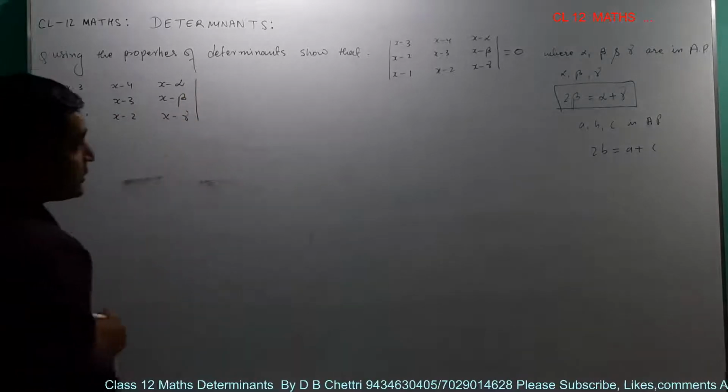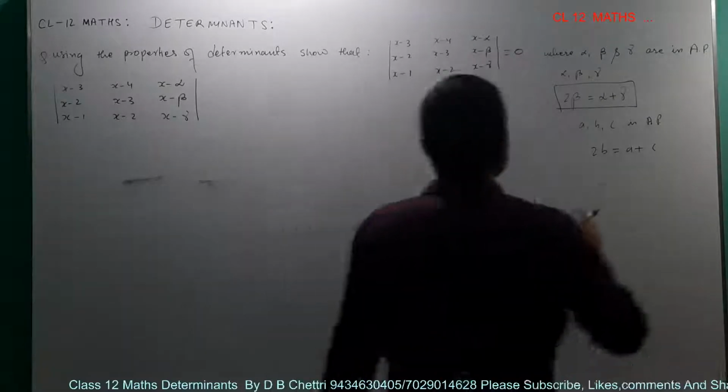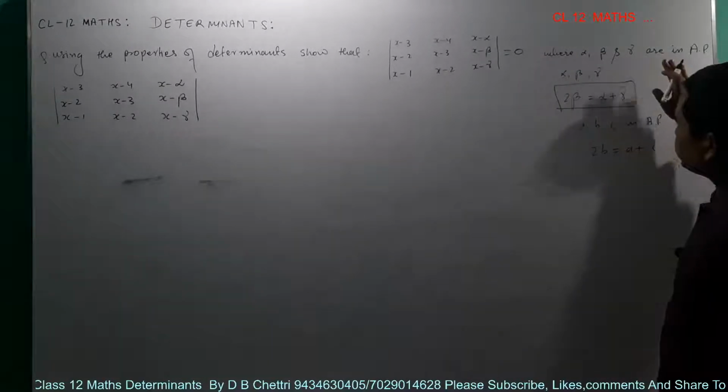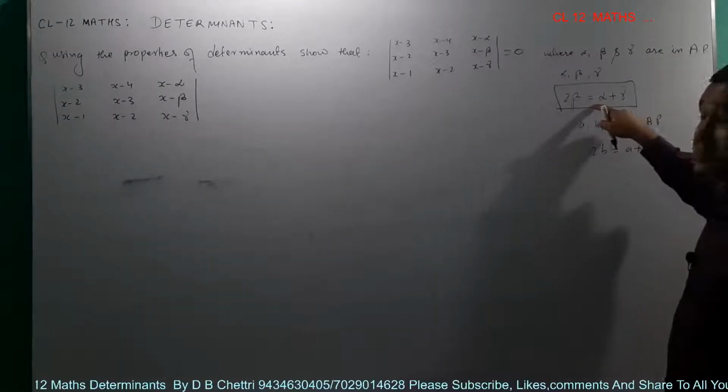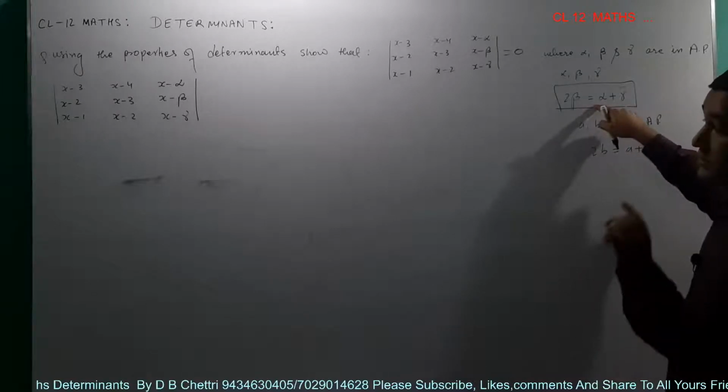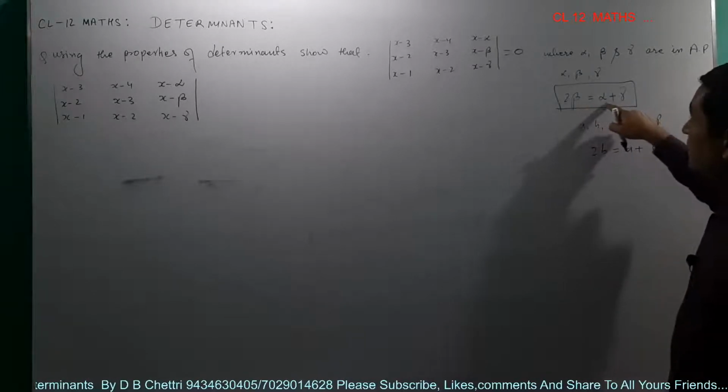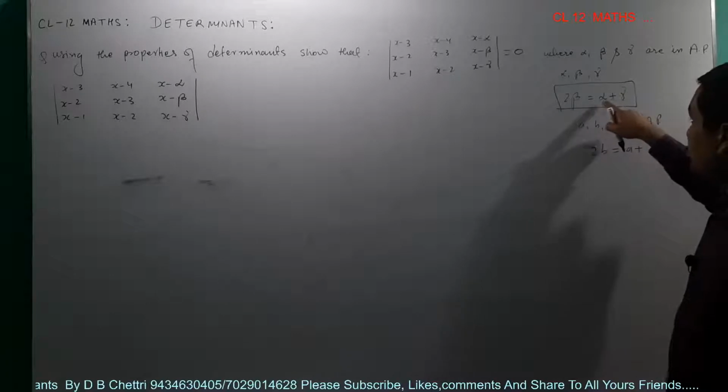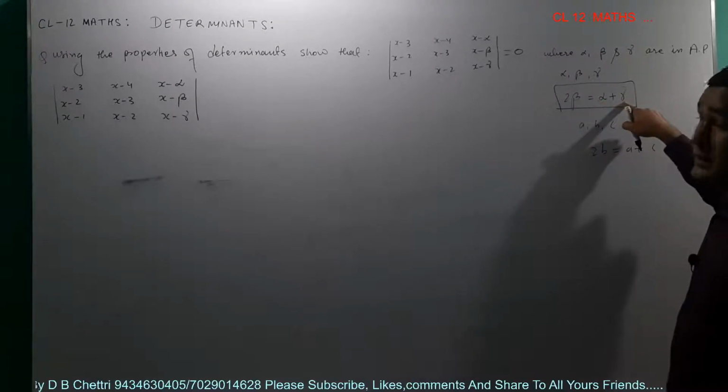According to this relation, we are going to add or subtract the rows or columns which contain alpha and gamma.